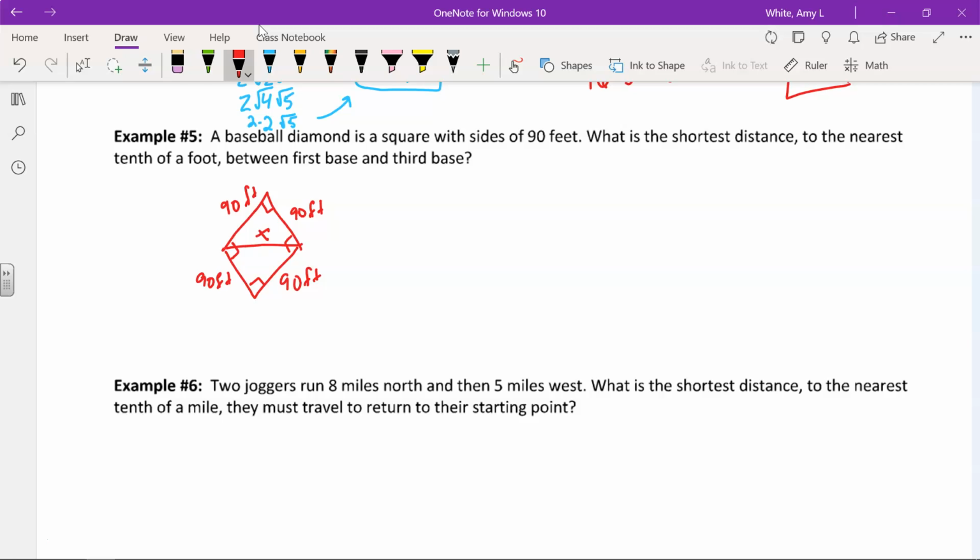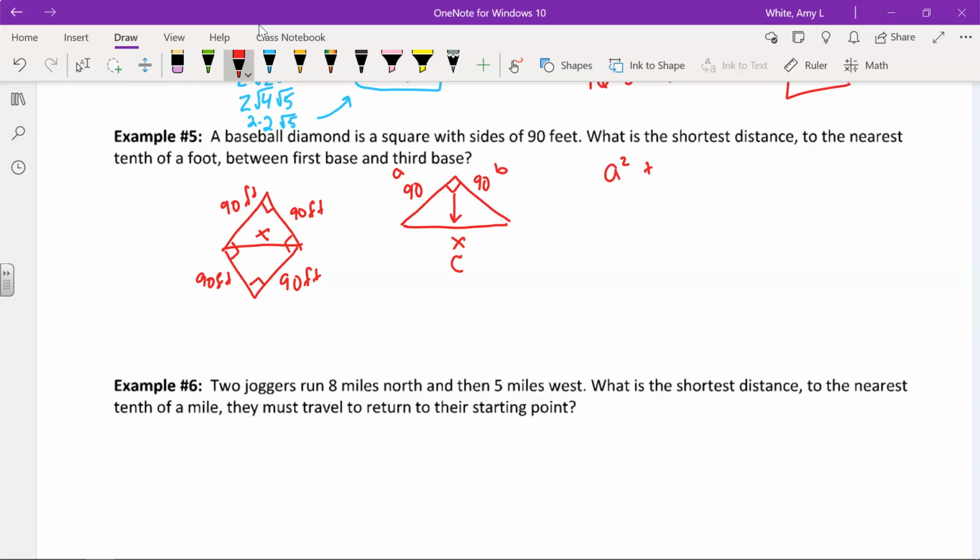So what we actually have here is two right triangles where we're looking for the hypotenuse. So if I draw that one triangle, here's my right angle. This is what we're solving for. And so that means that this is going to be my hypotenuse, and these will be a and b.